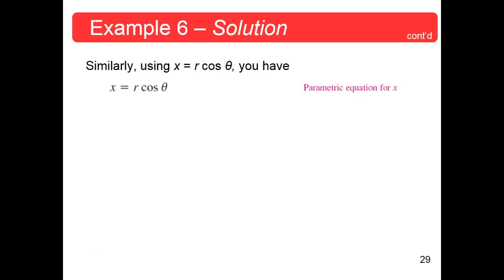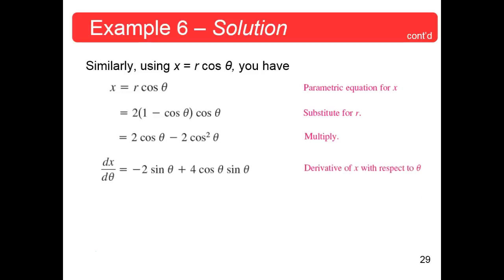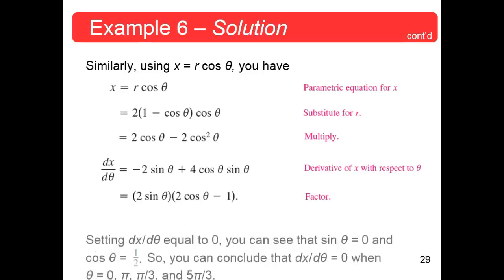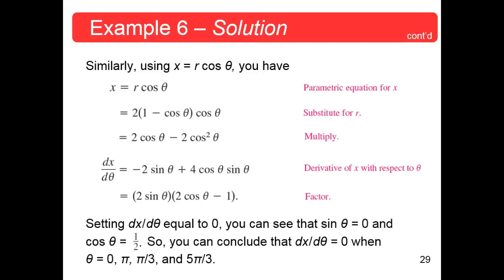Then, doing the other way, we did x equal r cosine theta, which gave us that, which they multiplied first, and then took a derivative. And that's what we got there, factored out at 2 sine theta. So dx d theta is equal to 0. So where sine equals 0 and cosine equals 1/2.